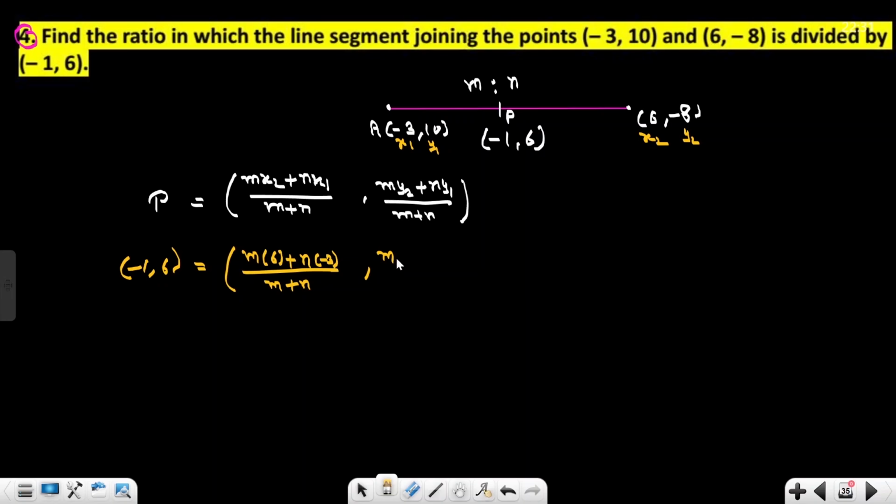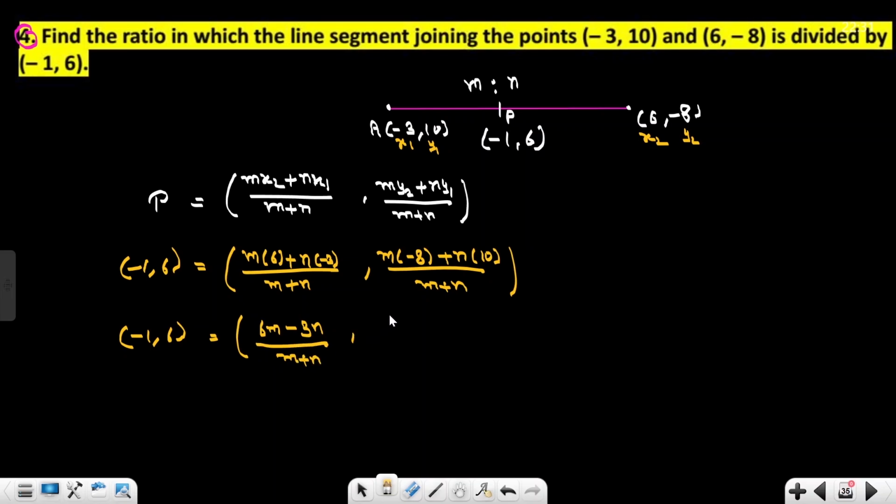Then y2 is -8 into m, plus n times y1 which is 10, divided by m plus n. So -1, 6 is equal to (6m minus 3n) divided by m plus n, and (-8m plus 10n) divided by m plus n.